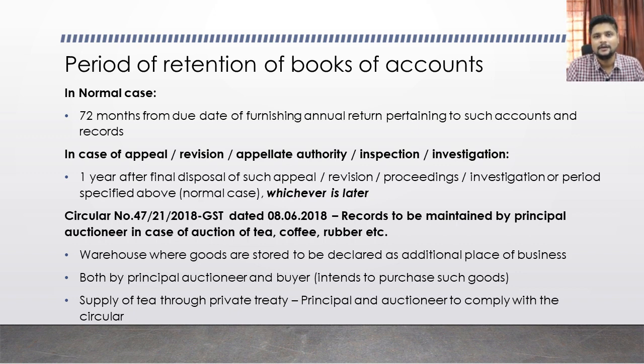Private person or an entity will be appointed to auction the tea, so the auctioneer will be a separate person. In this case, both the principal as well as the auctioneer has to comply with the provisions relating to the Act, maintenance of books of accounts, as well as the conditions laid down by this circular. All these things has to be satisfied by both principal as well as auctioneer.